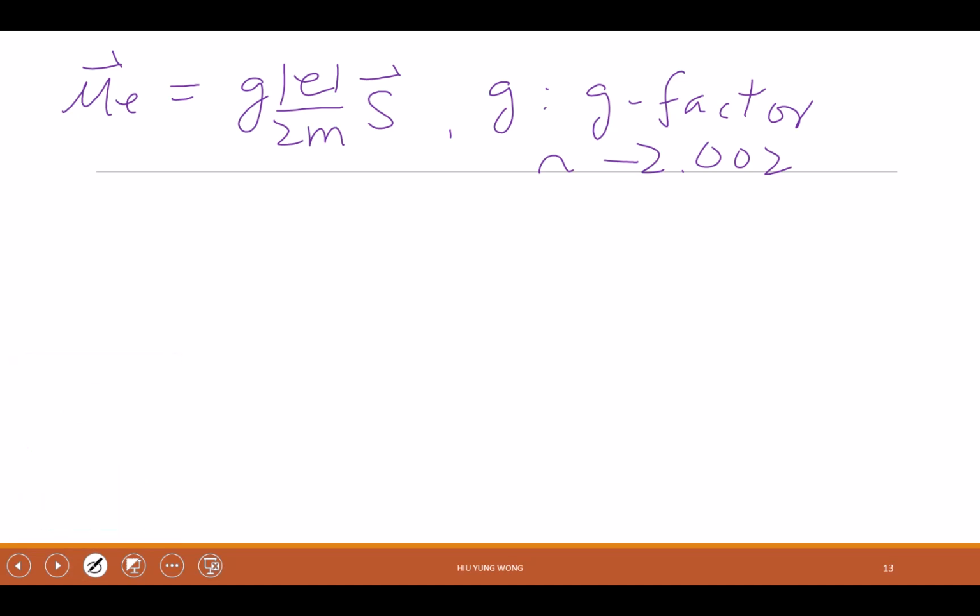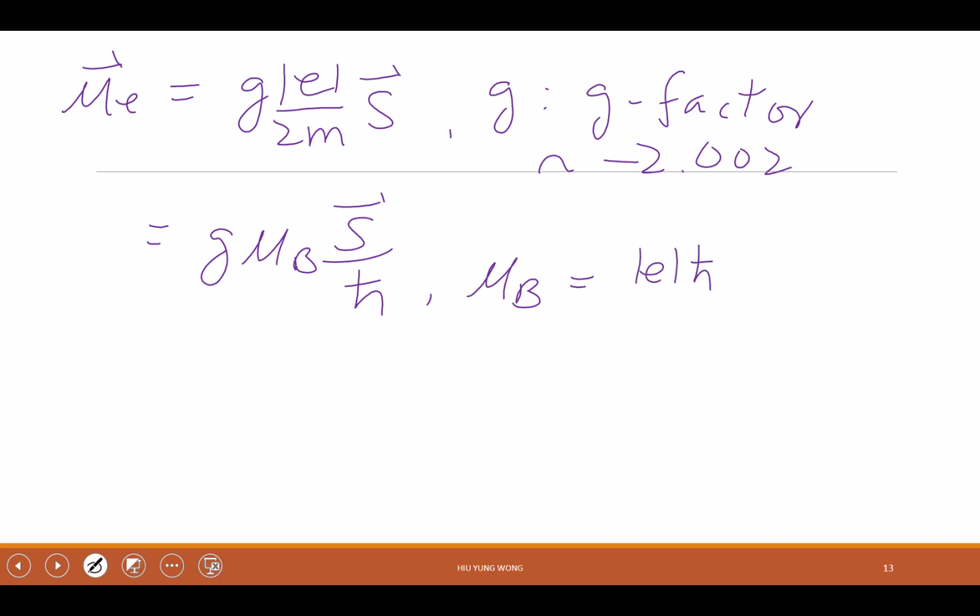Just for the sake of education, it's good to also understand that we can also write this as g mu_B S divided by h bar, where mu_B is something called the Bohr magneton, which is equal to, let me see, e h bar divided by 2m.